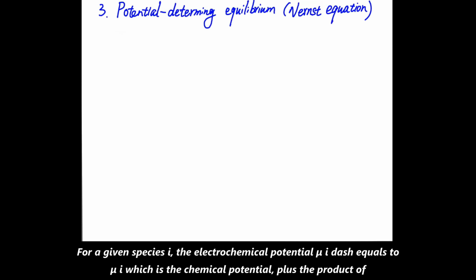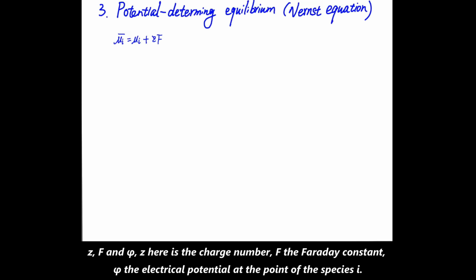For a given species i, the electrochemical potential μi' equals μi, which is the chemical potential, plus the product of z, F, and φ. z here is the charge number, F is the Faraday constant, and φ is the electrical potential at the point of species i.